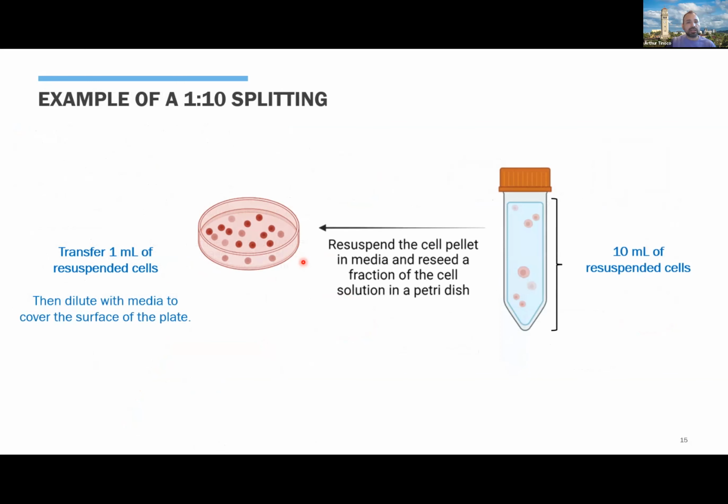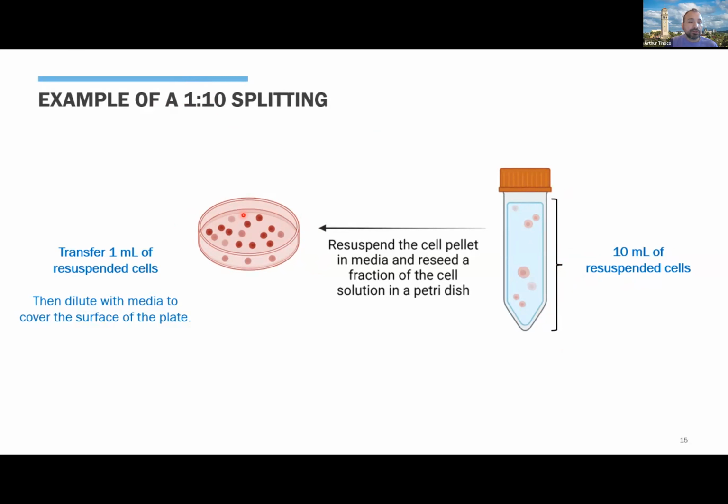All right, so I'm going to give you an example of a type of splitting that's referred to as 1 to 10. Okay, so just imagine that we are here with the 10 mils of resuspended cells that you took from the mother plate. So what you would do for a 1 to 10 splitting is that of these 10 mils, you're only going to take 1 milliliter and transfer it into a new plate.